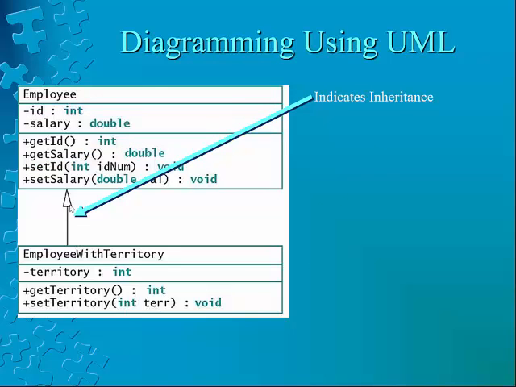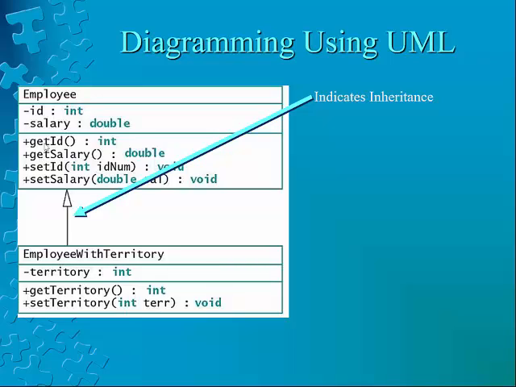And then as I was indicating, this arrow indicates that Employee with Territory is a child of Employee. Employee with Territory is inheriting from the Employee class, which means that it has access to all public or protected properties or methods that Employee has. So based on this UML, Employee with Territory is a child of Employee.